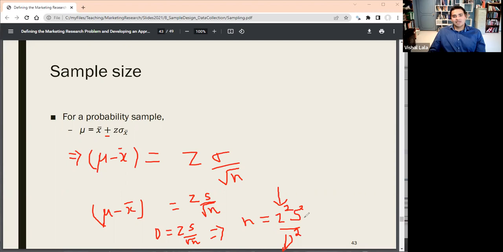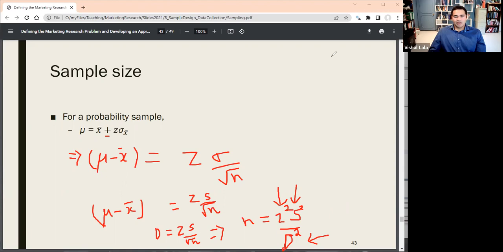The second is the importance of S. The higher the standard deviation, the more variation and noise there is in the data, the larger sample size you're going to need. And if you want your results to be more precise, you want D to be as small as possible. The more precision you want, the larger sample size you're going to need.